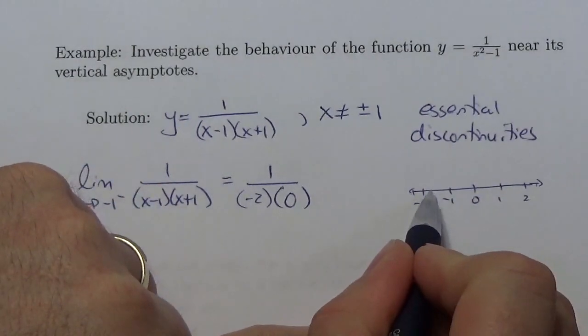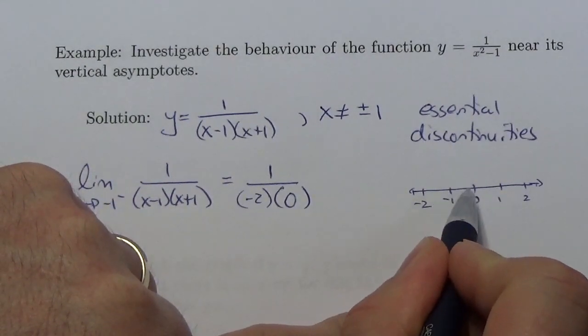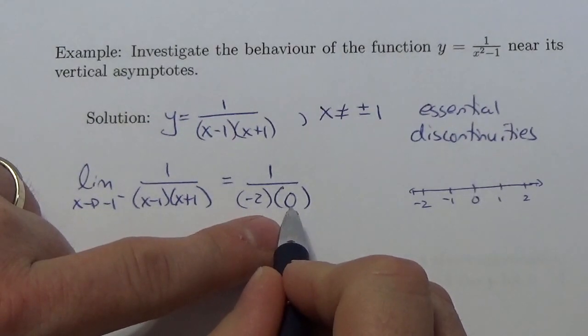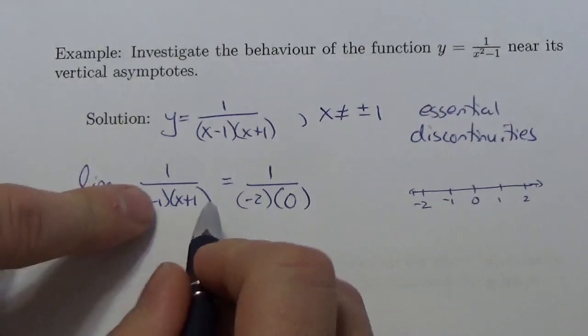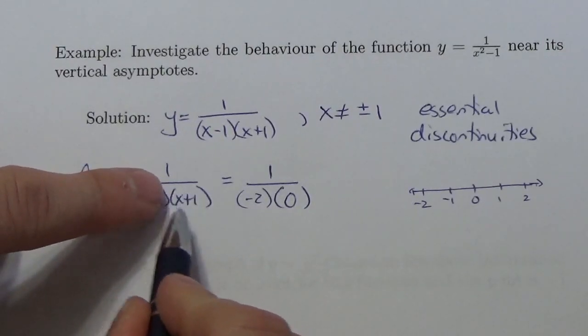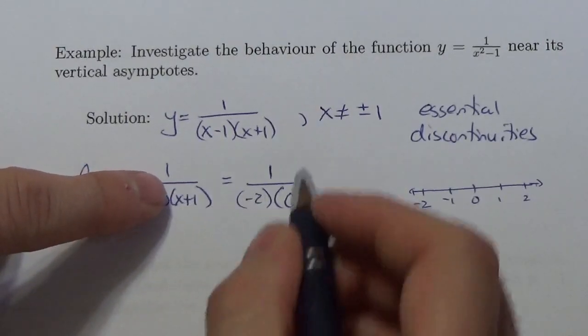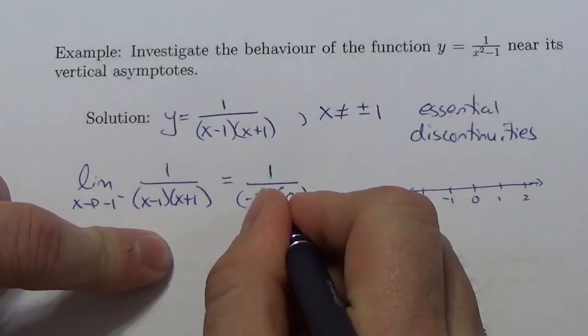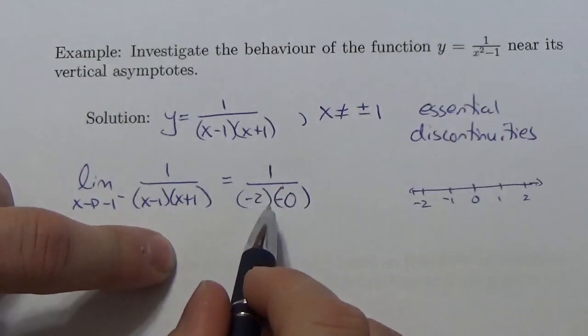But if I approach negative 1 from the left and add 1 to it, that means I'm approaching 0 from the left, which means every time I evaluate this little factor, my result is going to be negative. Now this is going to look a little goofy, but it will help me figure this out: I'm going to put a negative in front of that 0.